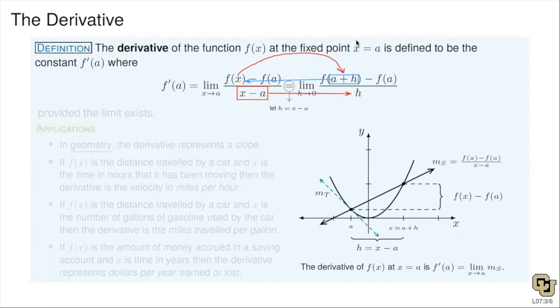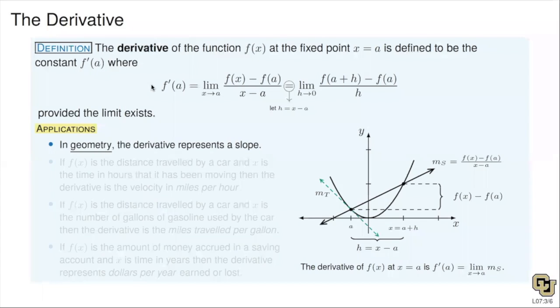So you should be able to go back and forth here and be comfortable with both these formulas. They should, at the end of the day, calculate exactly the same information. And of course, because this is a limit, all of this only makes sense providing the limit converges, or the limit exists.